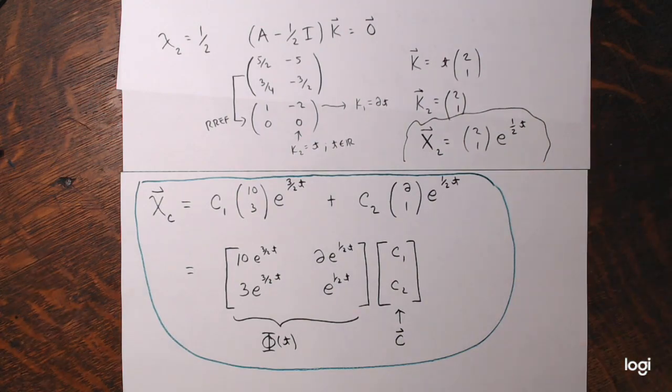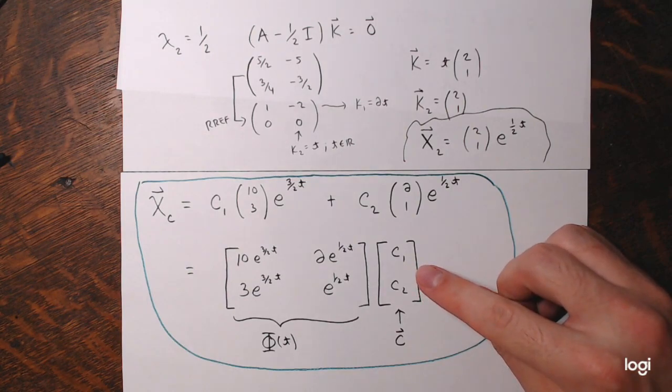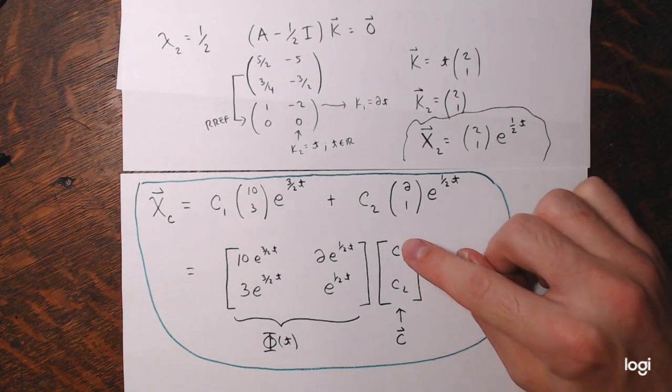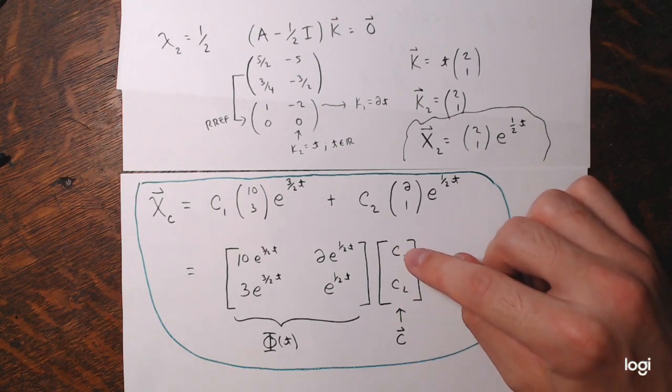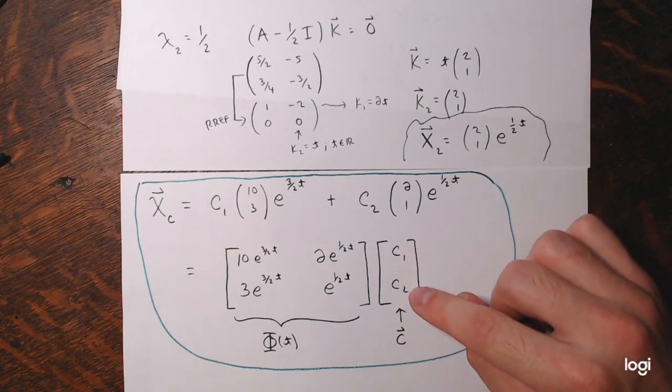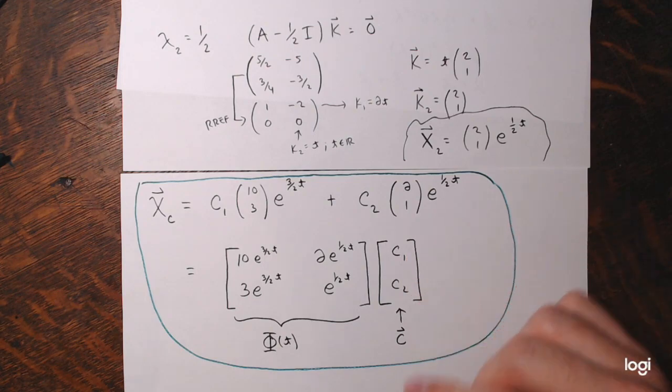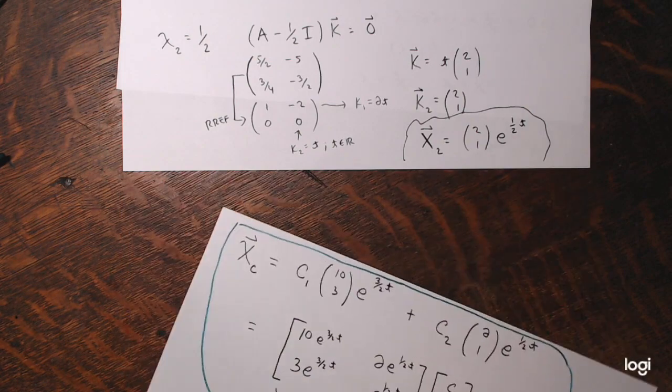Okay. All right, now for our particular solution where we vary the parameters, here comes the variation of parameters. I replace this vector c with a vector u with functions u1 of t, u2 of t. Instead of being constants, let them vary with t, and we get the form of a particular solution.